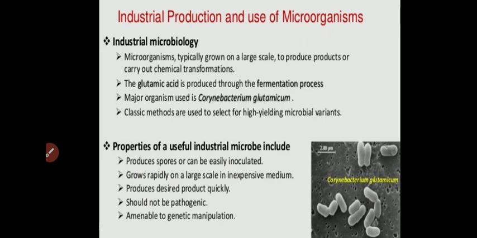Now, for the selection of microorganisms at the industrial level, these microorganisms should have a few properties. The properties useful for industrial microbes include that the inoculation of these spores should be easy.